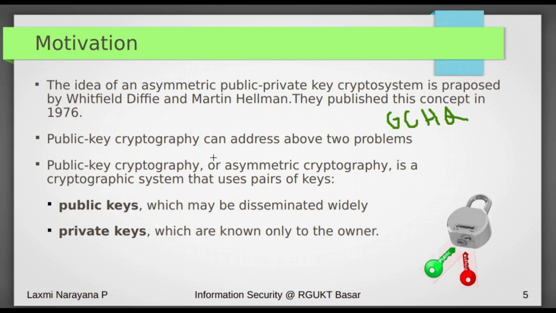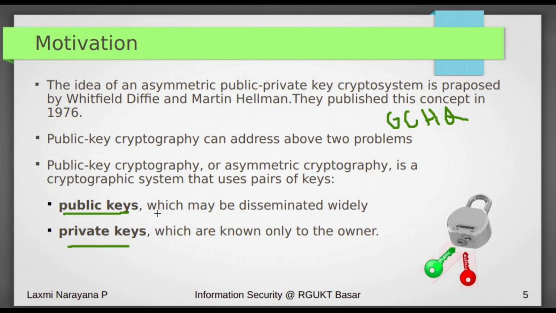We have seen these two problems, key management and the problem of authentication. Public key cryptography can address both problems. Public key cryptography is a cryptography system that uses a pair of keys, a public key and a private key. The public key can be distributed to the public.